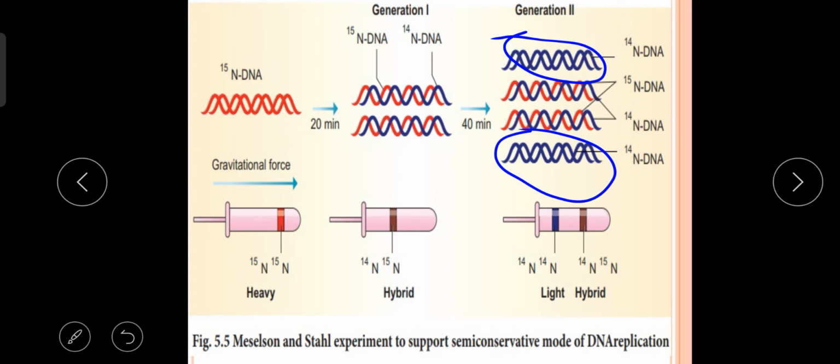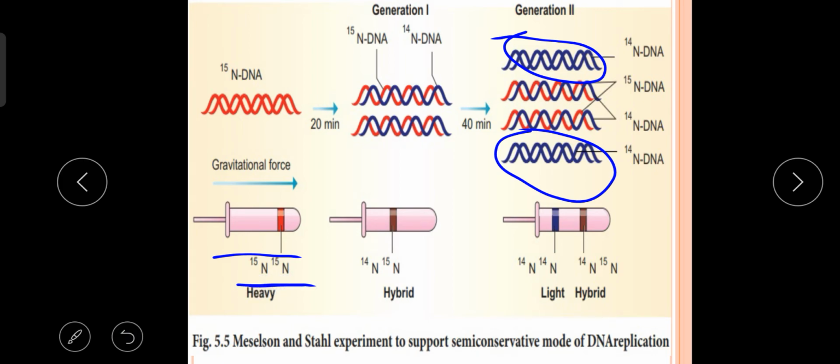So you can see here, these are the containers. After centrifugation in the cesium chloride salt, this one is the pure or parent DNA. Why? Because both strands contain 15N and 15N.